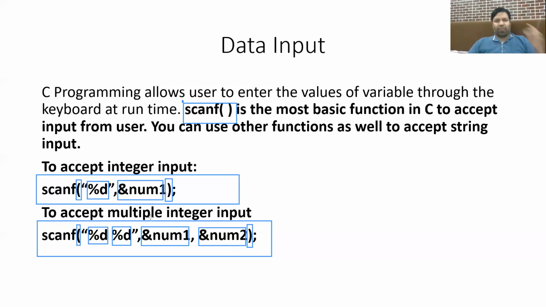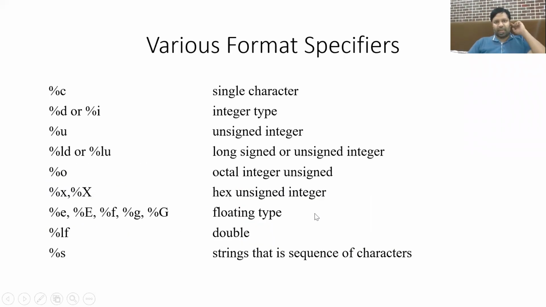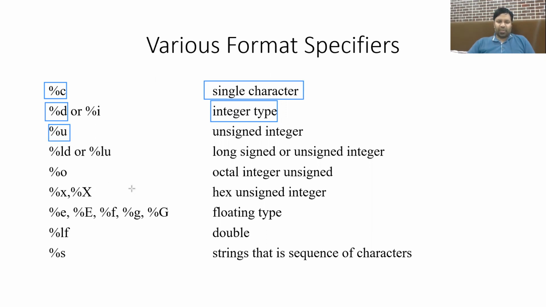So what are the different formats that we can use to accept the input for different data types? You can have a look at this table. Various format specifiers. What we have already seen is only %d, and %d is used for the integer data type. If you want to accept a single character from the user, then you can use %c. If you want to accept the value of an unsigned integer, then you can use %u.